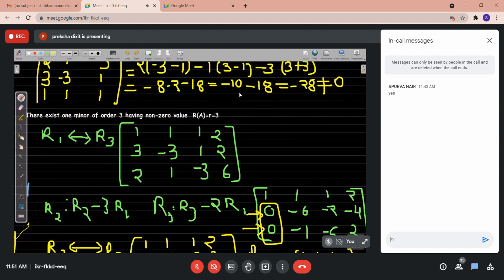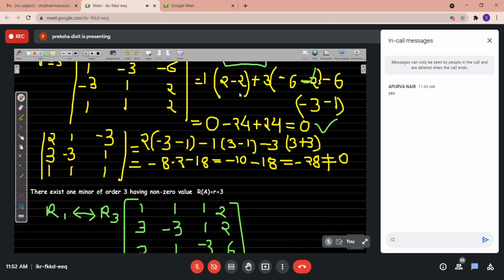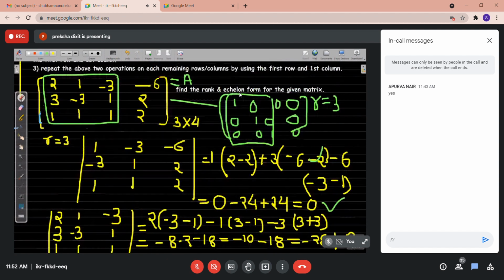So what I can do is I can interchange row 1 with row 3. Why so? Because I have to bring 1 at this position, and that can be done by either row interchange or dividing it with the same number. So why I have interchanged the row?